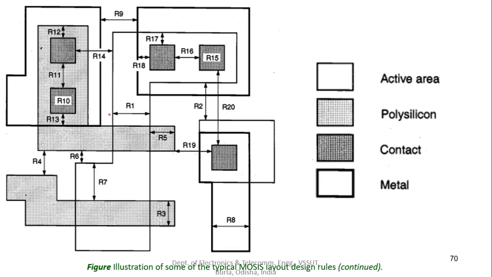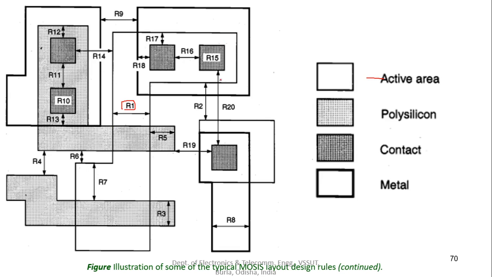Let's see R1. I have inserted one example also. This is a simple circuit layout, and let's say this active area is described by this rectangular area, and R1. Look at this, the R1. This is the active area, extending like this, coming here.